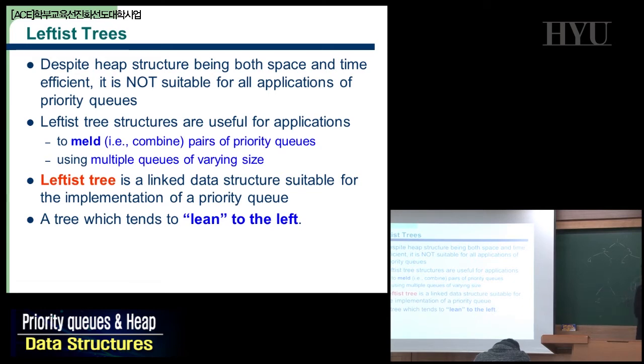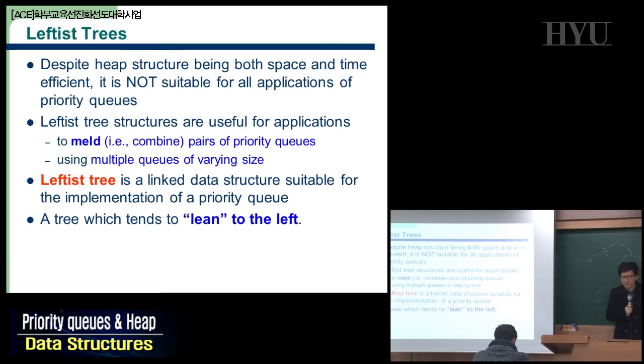If you want cashiers to have different capacity for the customers to serve, then those cases are right. Or again, more stuff will be coming in operating systems. In a computer program, when they try to schedule different programs, they actually have multiple priority queues. Each queue has a different purpose, and then you select one from those queues. Sometimes you move elements around the queues. Sometimes my element is in Q1, next time in Q2. Those things are also possible. If so, it's better to use a leftist tree, the linked list one, than array ones.